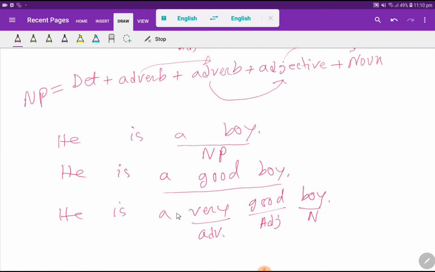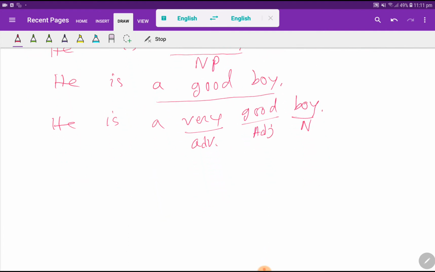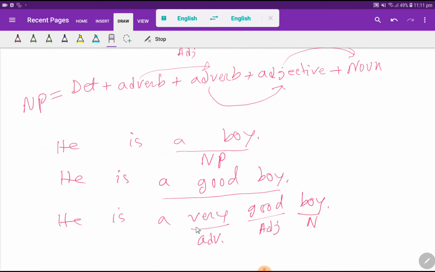Okay, you can take another adverb here. He is a so okay, you can modify this adverb by another adverb.